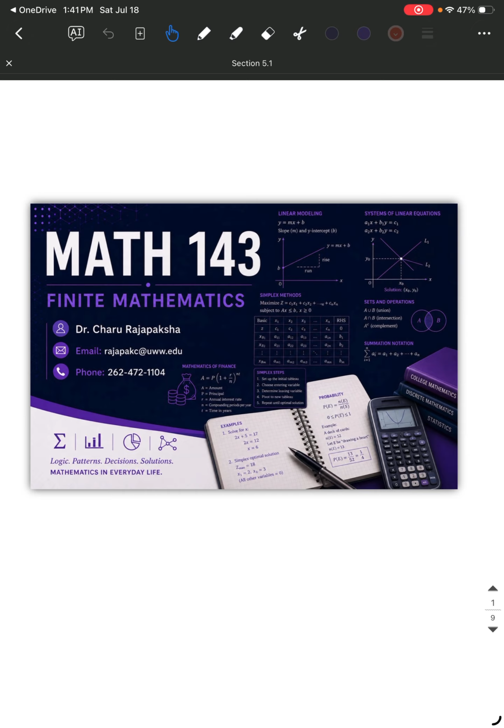So this chapter is different from the previous chapters because we will focus on financial applications rather than matrices or linear programming. Every day people borrow money, invest money, open savings accounts, take out car loans, and buy homes. All of this involves interest.